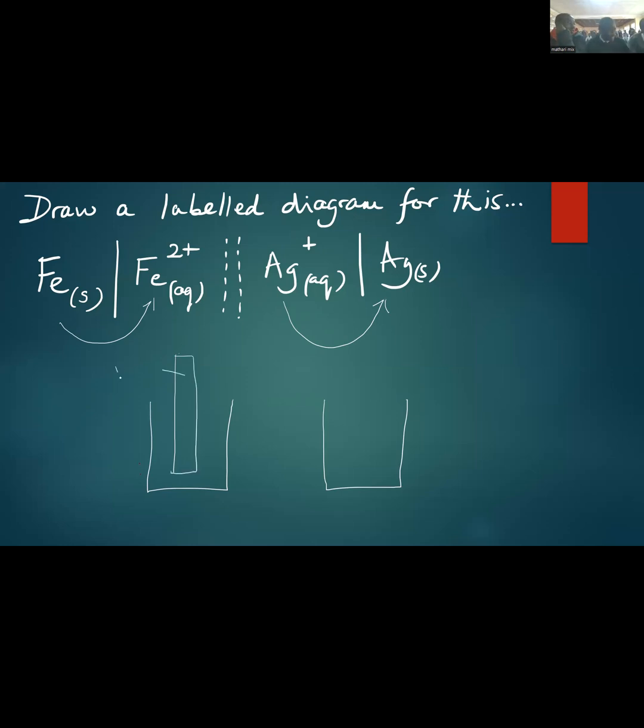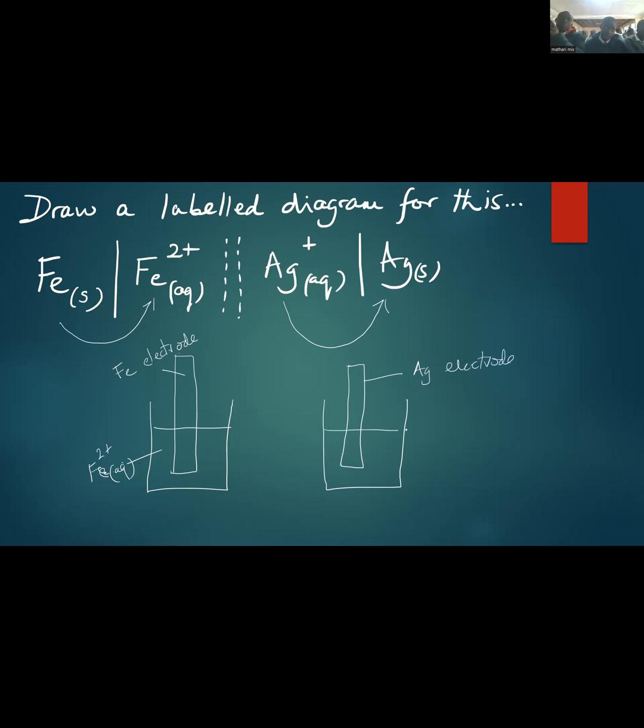That's a Fe electrode, and it's in a solution of, in this case, Fe2 plus. It could have been 3 plus. And on this side, I have another not very straight electrode, but this is a silver electrode.